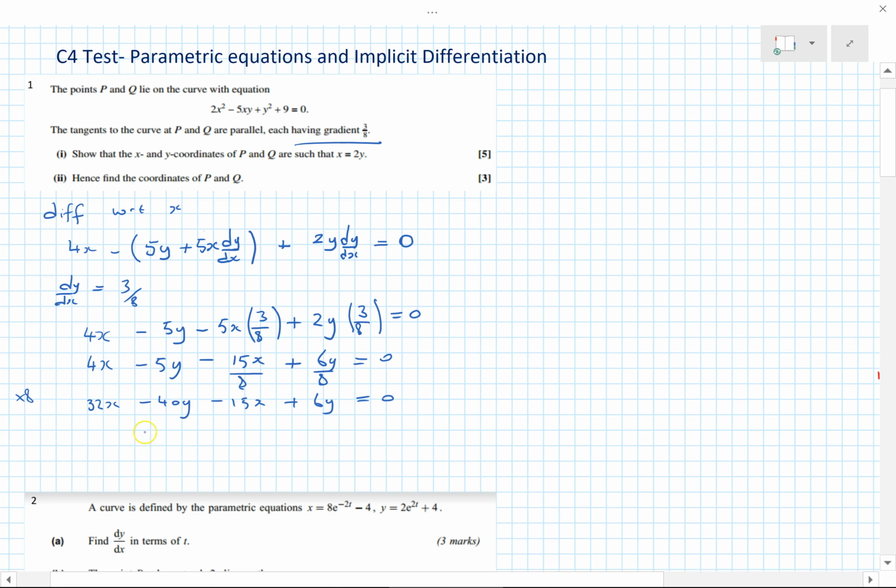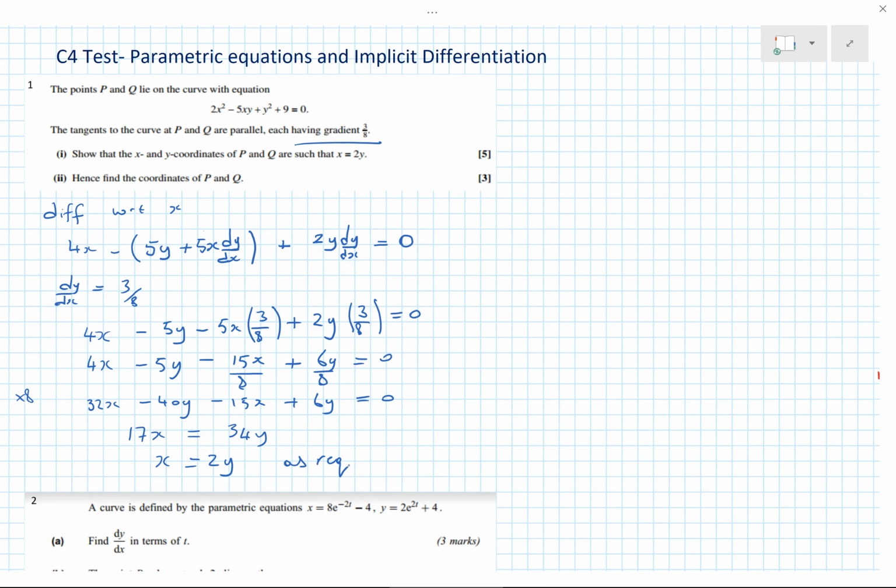So I get 17x equals 34y, which gives us what we want, x equals 2y divided by 17 as required. A lot of people, as I say, got the expression for dy by dx and then put in 3 over 8. It shouldn't make much difference here.